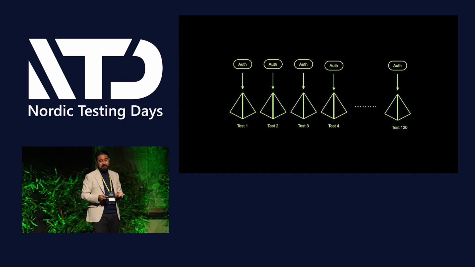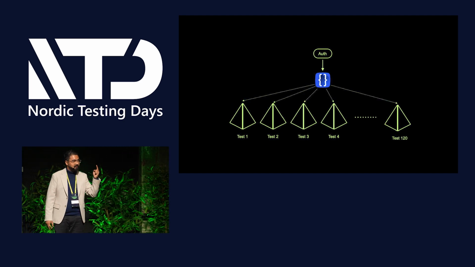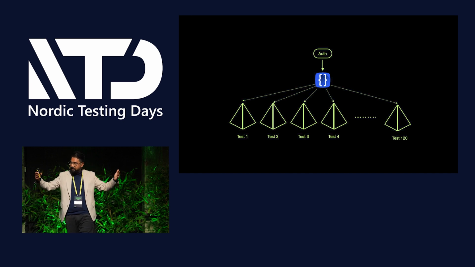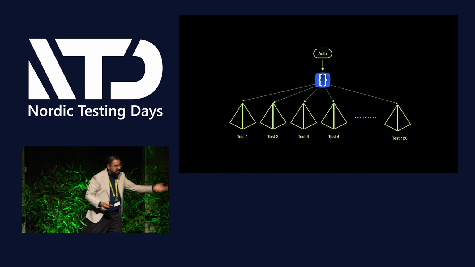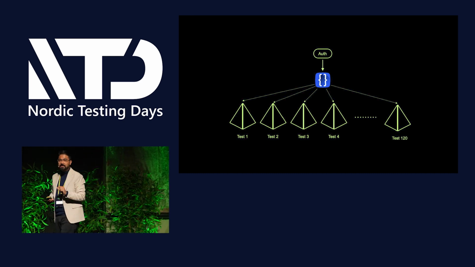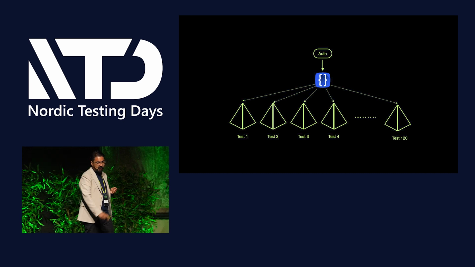Playwright's storage state allows us to log in once, create that authentication mechanism once, and let all your tests talk to that already stored state, and then just get on with the business. So you don't have to spend a lot of time logging in or trivial activities like this, but do the real business.